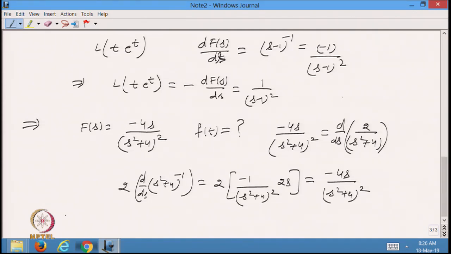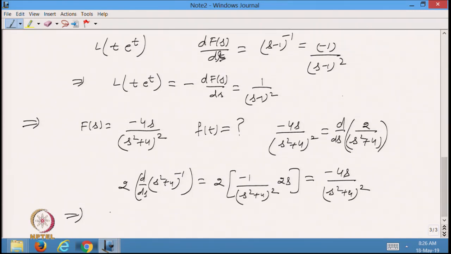So, from here I can say that my F(s), in this case, is a derivative of 2 over s square plus 4. So, this is given to me.